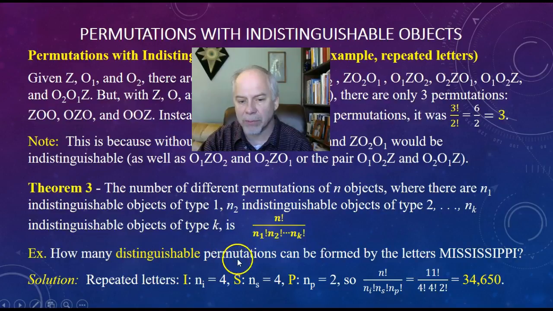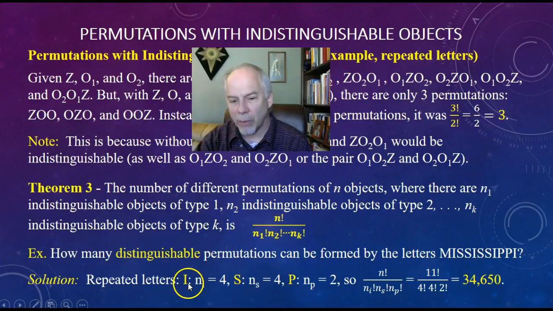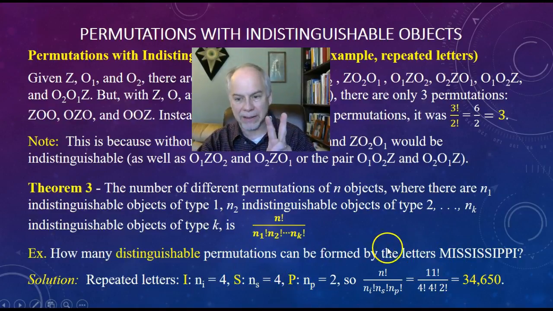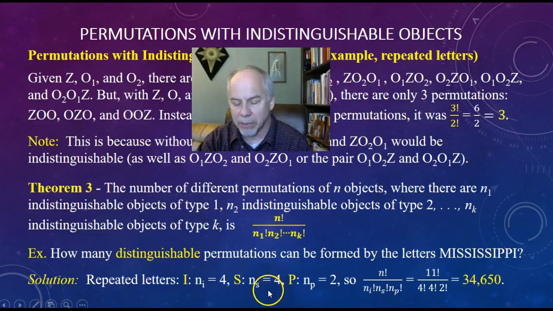How many distinguishable permutations can be formed from the letters in that great word Mississippi? Okay, so we know that there are 4 I's in that word, and each of those I's is indistinguishable. So you could say n1 is 4. There's also 4 S's, and those are indistinguishable. And there's 2 P's, and those are indistinguishable.